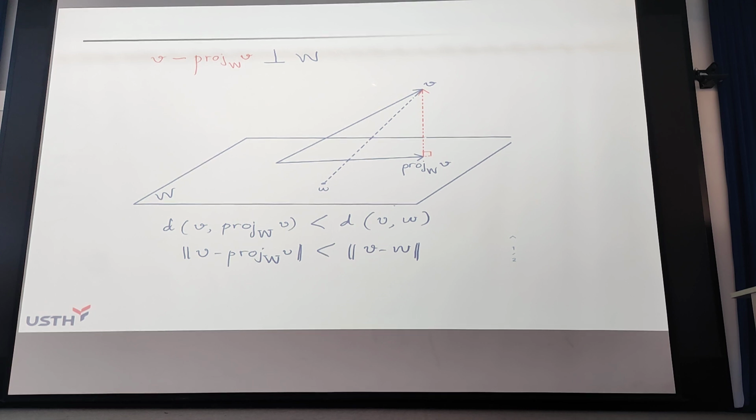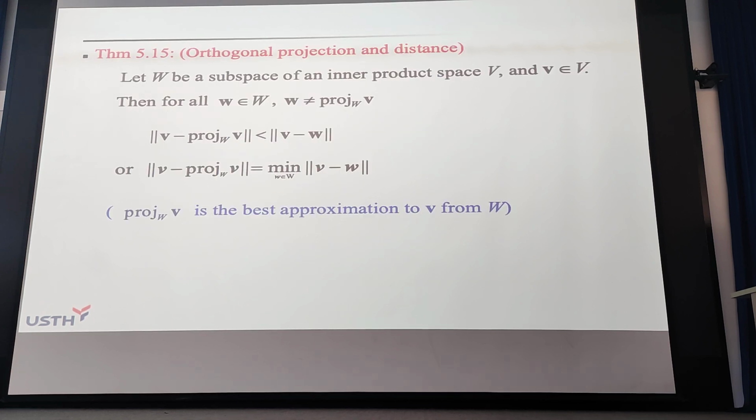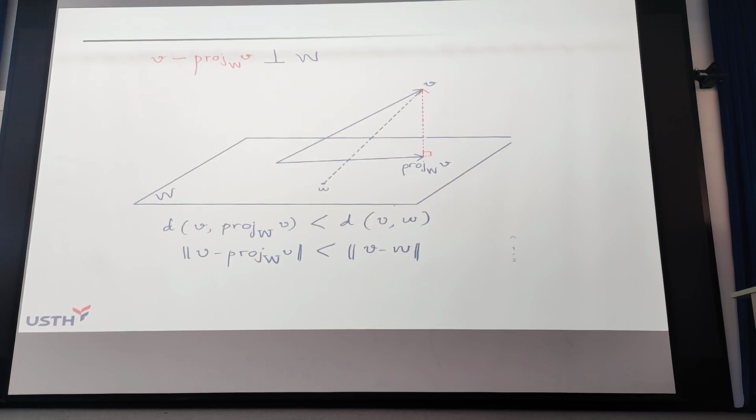The distance from V to its projection is less than the distance from V to any vector lying on the W here. And it is explained in that property. And here is a formula, and the geometry, which is easier for you to remember, is that one.